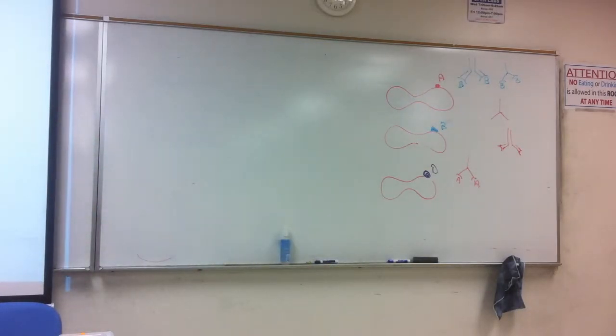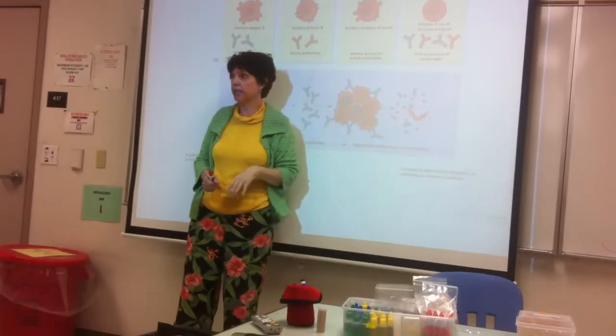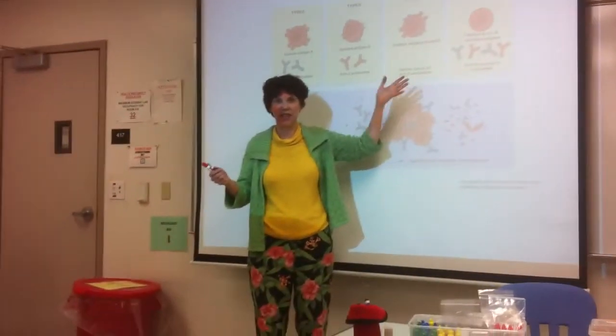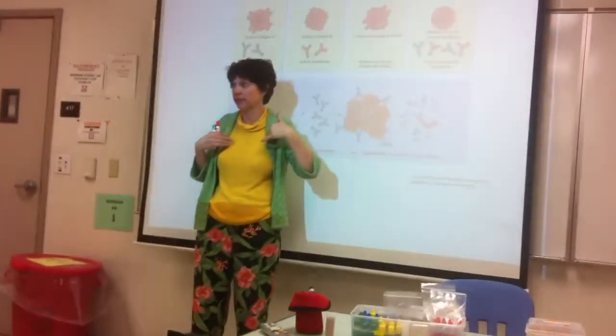So this next image I'll talk about just a little bit, and then I'll pull the screen up and we'll talk about diagrams. So this is just showing the A antigen and the B antibodies being present, the B antigen and the A antibodies being present. If your blood cell type has both antigens, then you don't make either of the antibodies, because you don't make antibodies against yourself. Right?